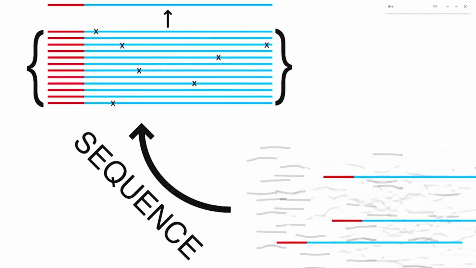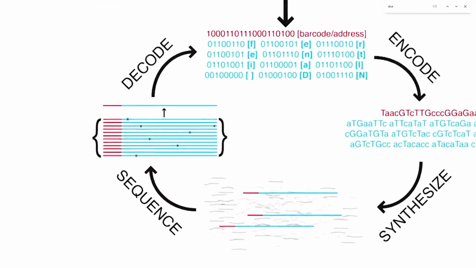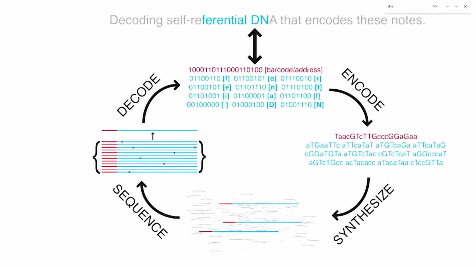And then we're able to reconstruct the message, and then we just go back the same way that we encoded it, by decoding the message back to ones and zeros and then back to text. And because we have the address, we know where it goes back, so once we sequence everything, we're able to reconstruct the original message or digital information that you were encoding in there.